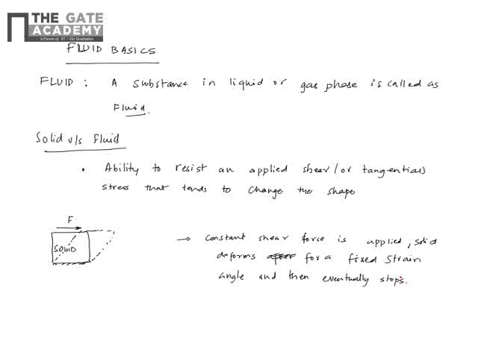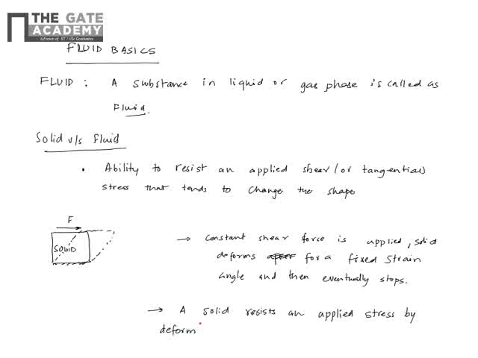So what you can say is that it can resist an applied shear stress by deforming. So solid resists an applied stress by deforming, and the deformation is basically measured by the angle, and that is defined as your shear strain angle.